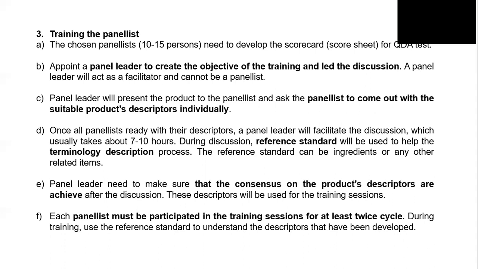And then the other 10 of them agree to use the term brown as the highest intensity and yellow as the lowest intensity. So they have to make a consensus on which one relates most to the product given by the panel leader. Okay, only one consensus descriptor for each characteristic needs to be written on the score sheet. All right.